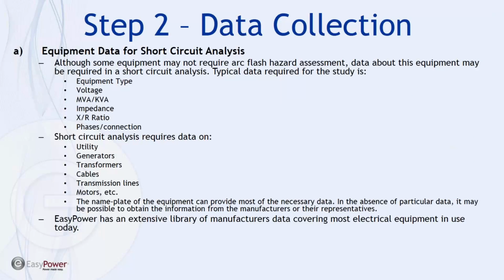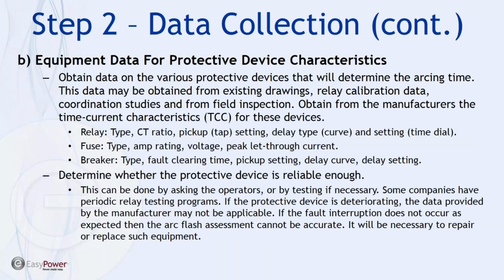That data includes equipment type, voltage, MVA ratings, impedance, X over R ratios, phase connections, and as far as the voltage sources, any utility information including voltages, short circuit currents, generators, transformers, cables, transmission lines, motors.